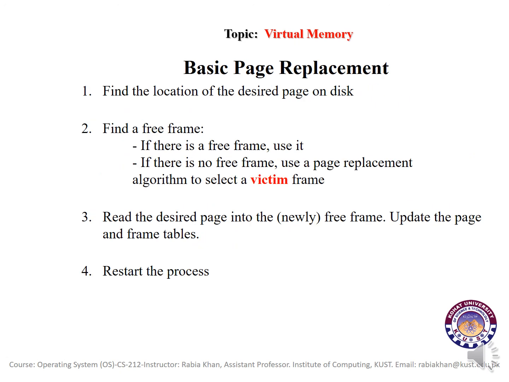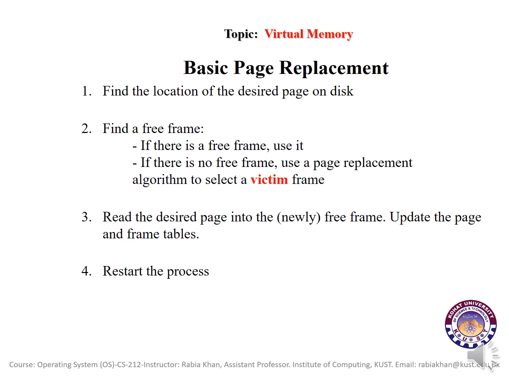How page replacement works. First, when a page fault occurs, the operating system finds the required page on secondary storage. Then the operating system finds a free frame in RAM for the page to be loaded there.